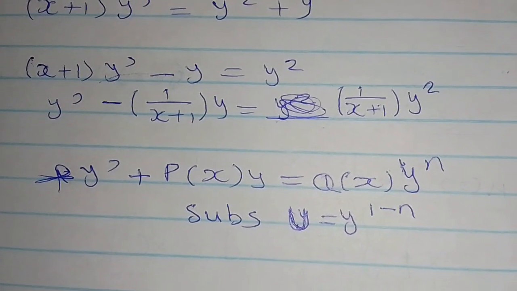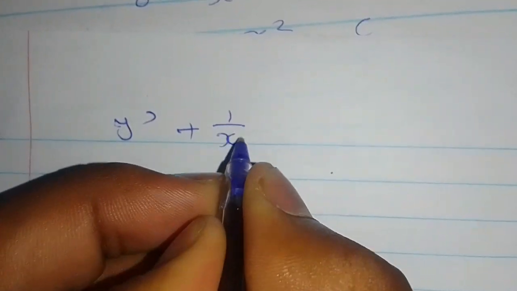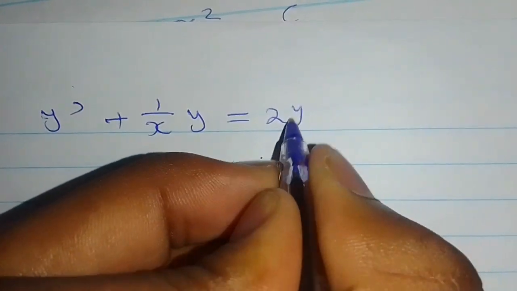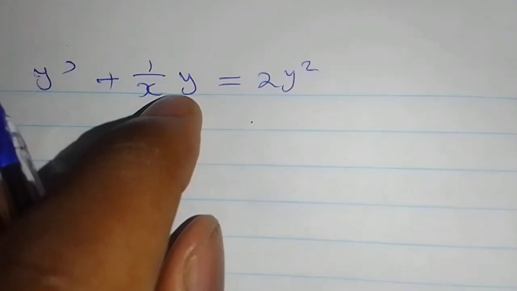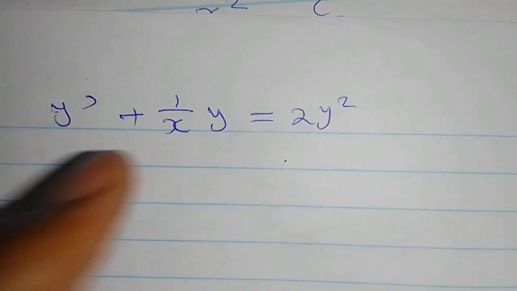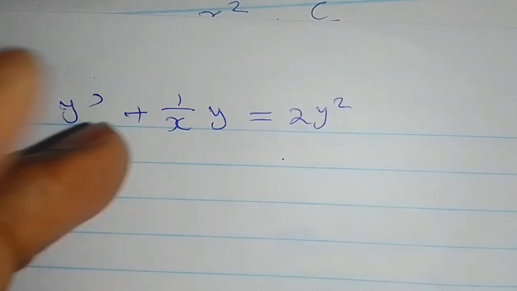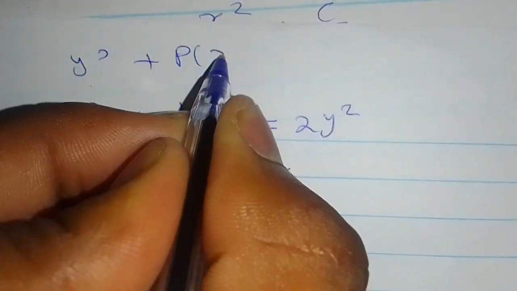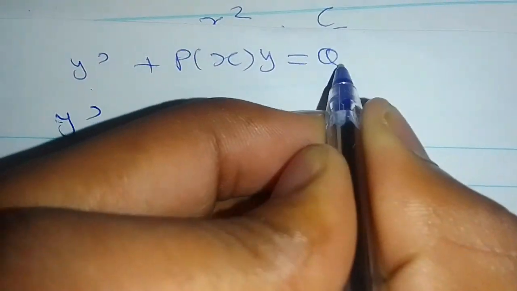So let's say maybe you have y prime plus 1 over x times y equals 2y squared. How do we solve this differential equation here? What you have is a Bernoulli equation in standard form. Remember, you have y prime plus p of x y equals q of x y to the n.